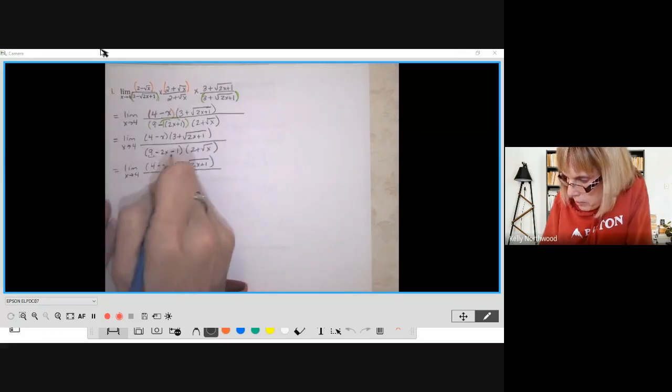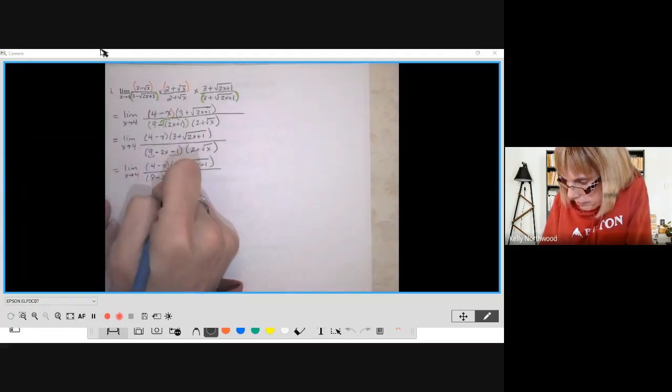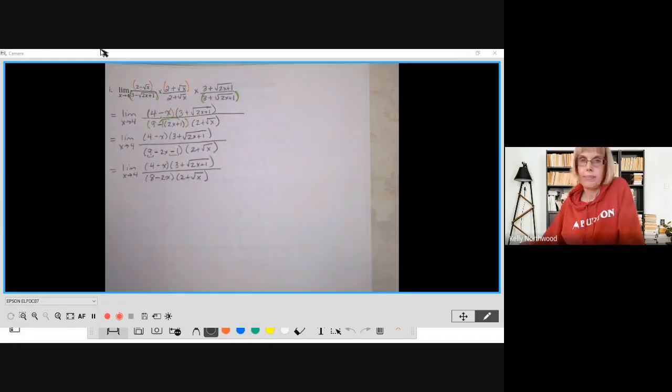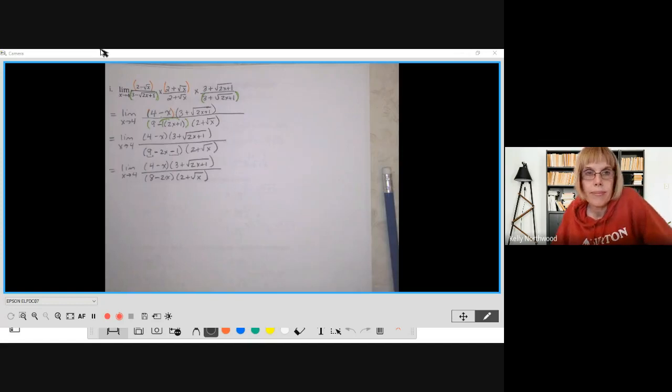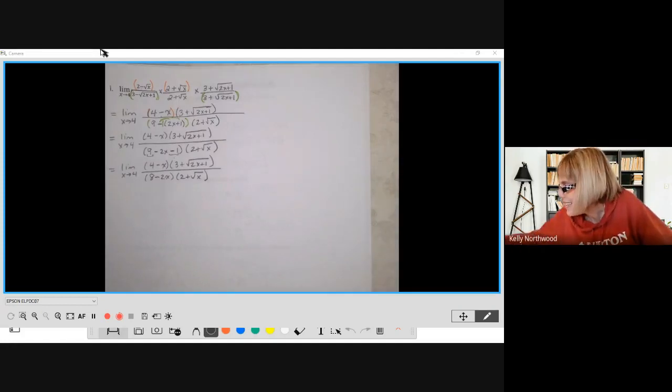So the 9 minus 1 is 8. I still can't let x approach 4 because I'd get 8 minus 8 here. Does anyone see anything I could do?